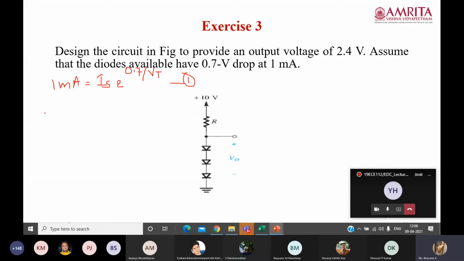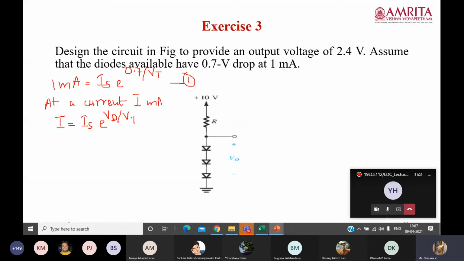Next line. At a current I milliampere, we can write the equation as I is equal to IS e power Vd by Vt.